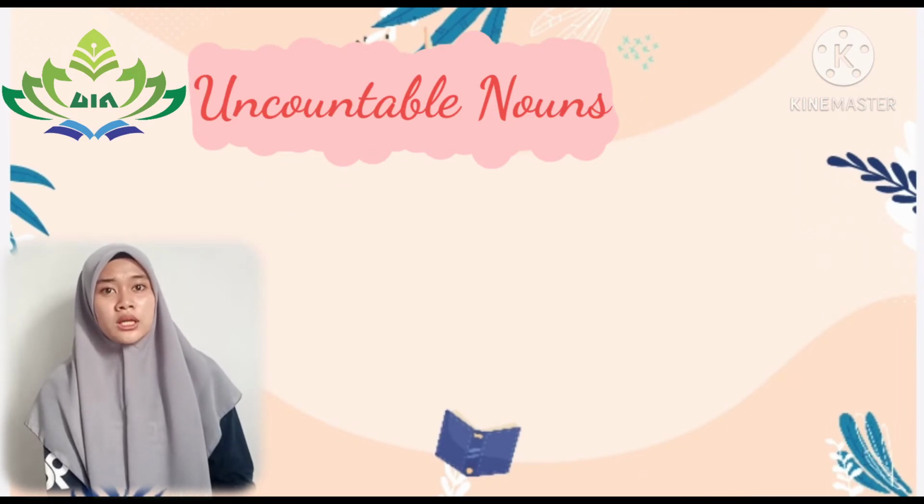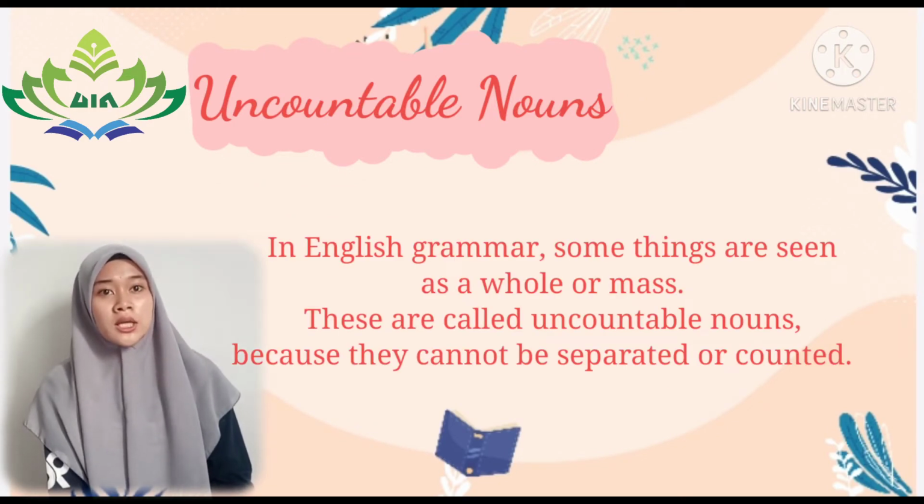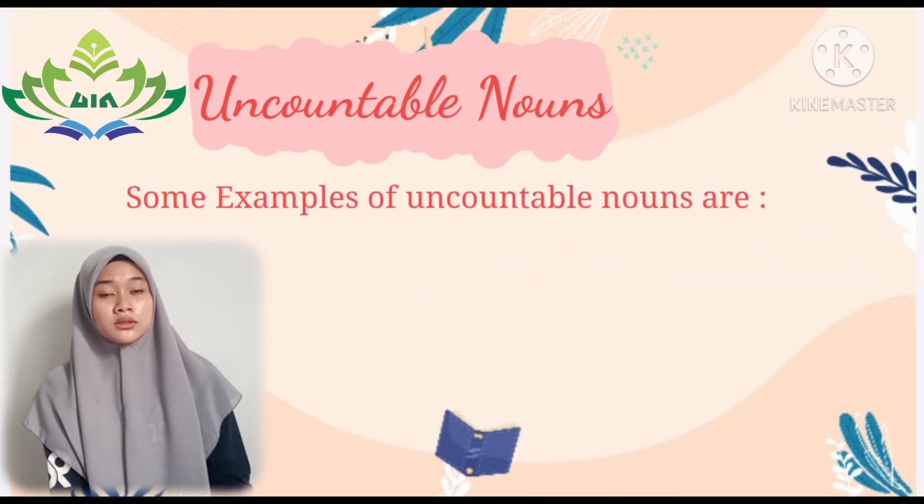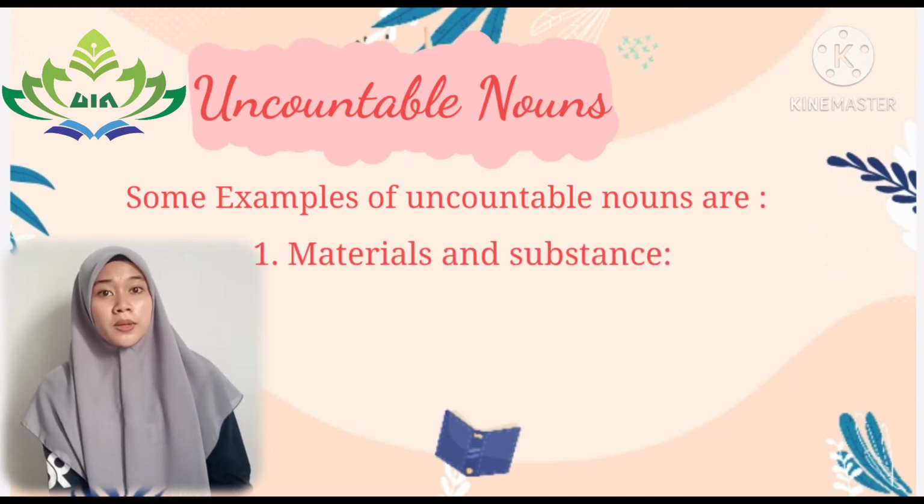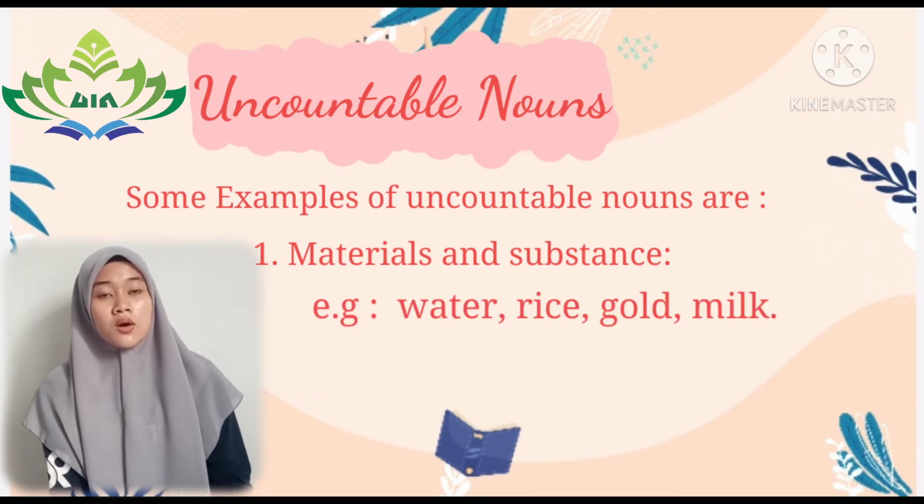Uncountable nouns. In English grammar, some things are seen as a whole or mass. They are called uncountable nouns because they cannot be separated or counted. Some examples of uncountable nouns are: first, material and substance. Examples: water, rice, coal, and milk.